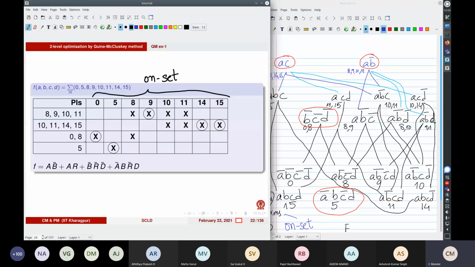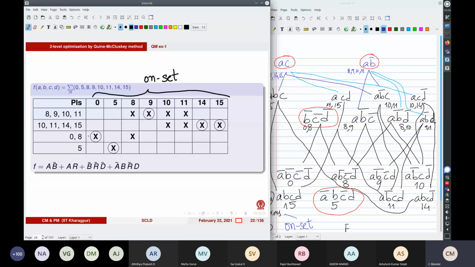Now what you find is that 0, 8 is the only prime cube or prime implicant to cover 0. So you have to keep 0, 8, because if you don't keep 0, 8, this cube which is 0 will not get covered.